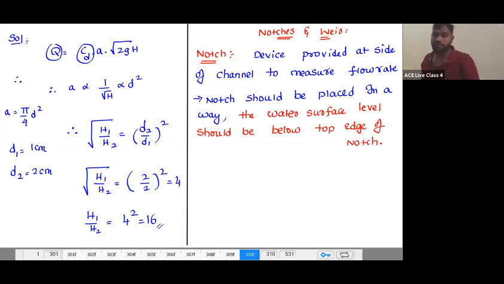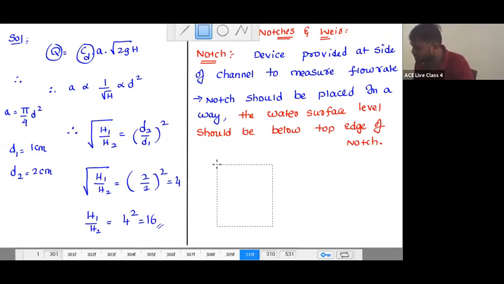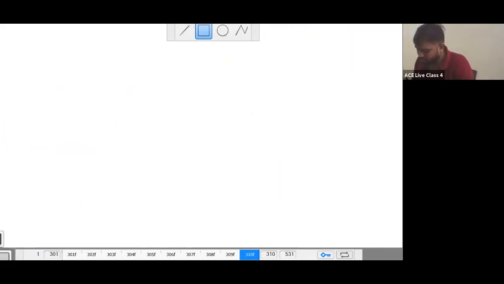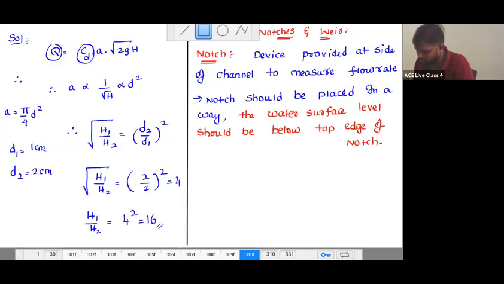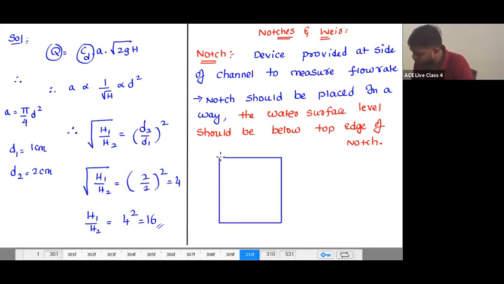Sir, what is the meaning of this one, sir? You see, now let me take a channel. The cross section of a channel, let's say. So let's take this as a channel. In the case of a rectangular channel, let's take this as the water level.